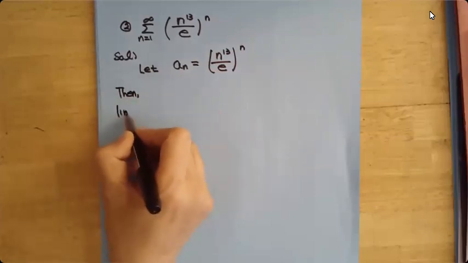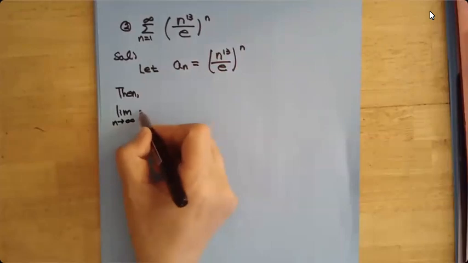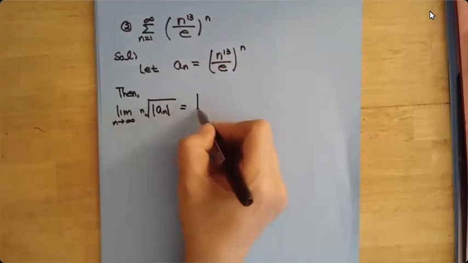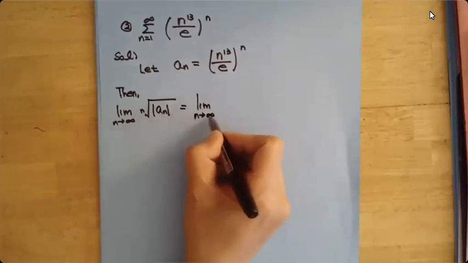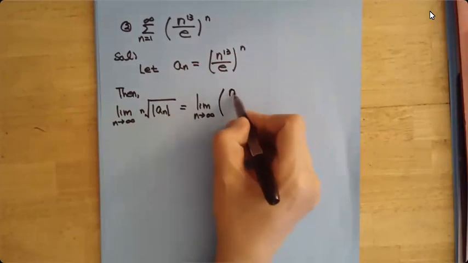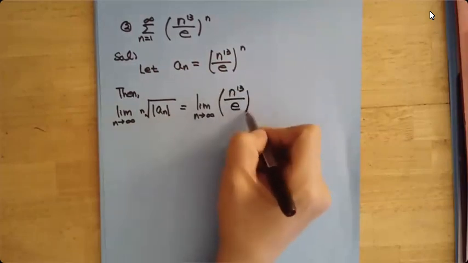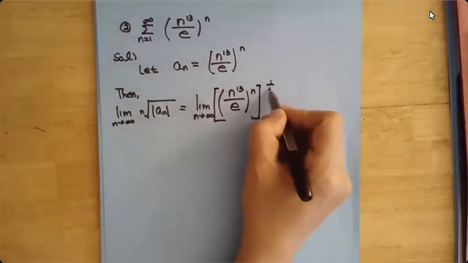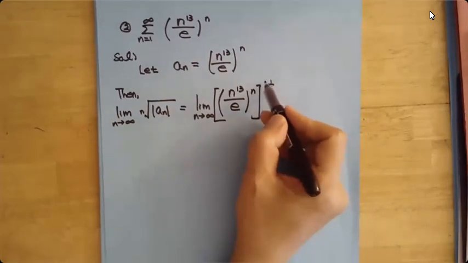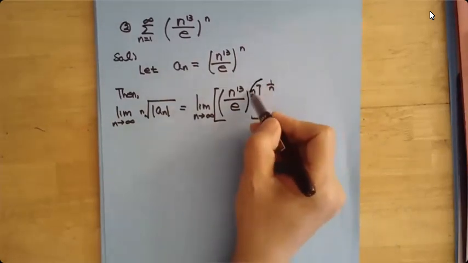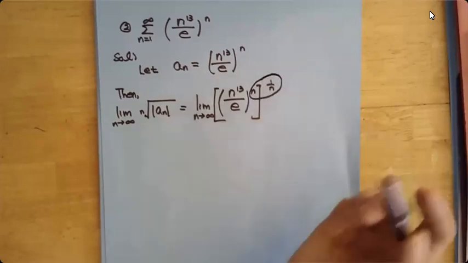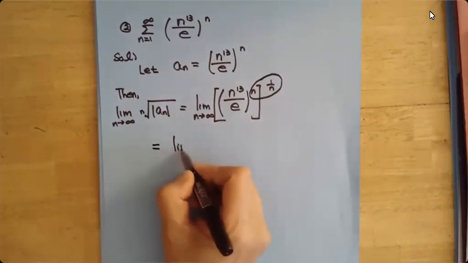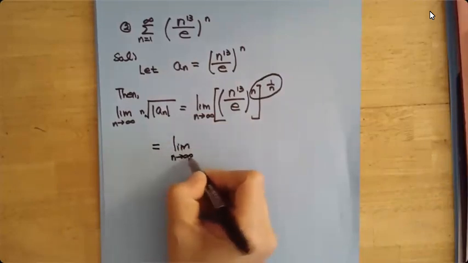Then limit n goes to infinity, nth root of the absolute value of a_n equals limit n goes to infinity, where a_n is n^13 over e^n, but we have to put the 1 over n power because we are applying the root test. From here, we can multiply the power here. Then that becomes 1.